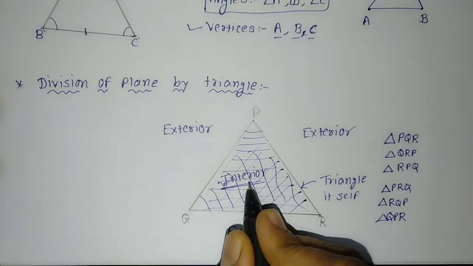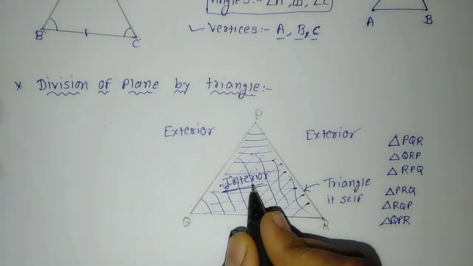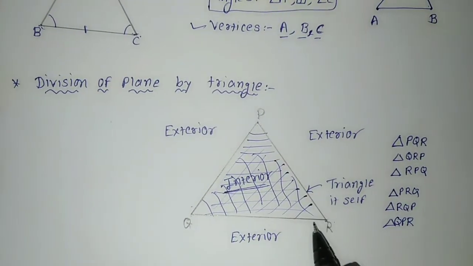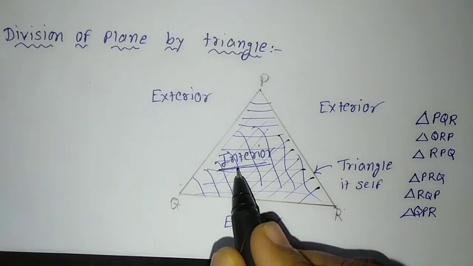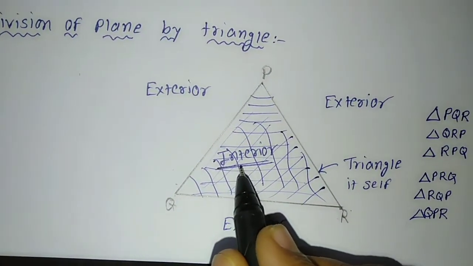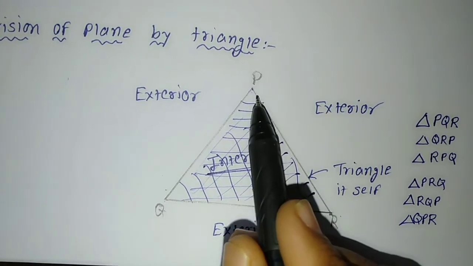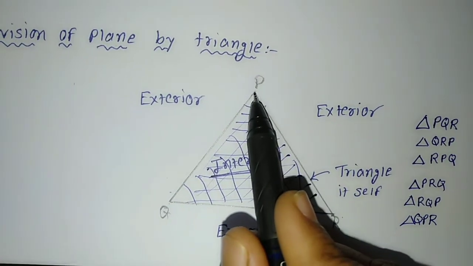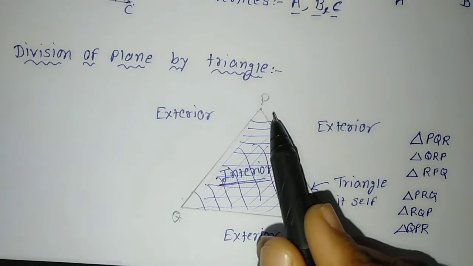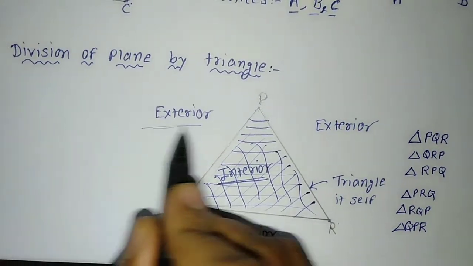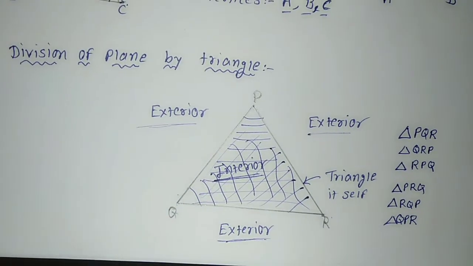So part number one is the interior of the triangle, the inside part of the triangle. Besides that, the triangle itself, PQR, is another part, and the remaining part of the plane is considered the exterior of the triangle.